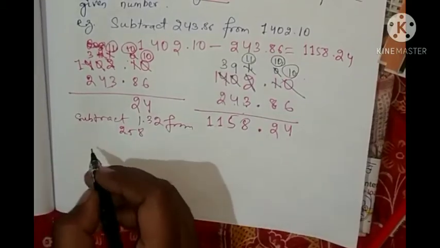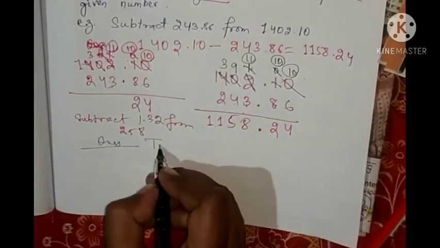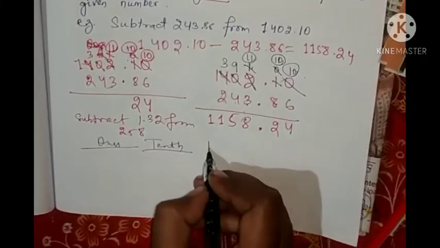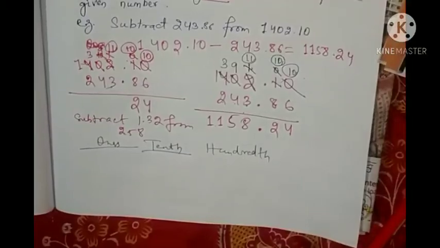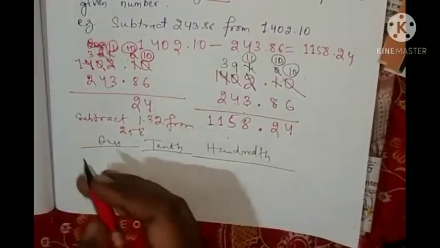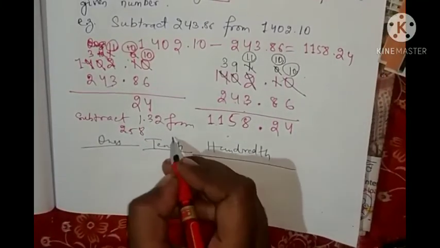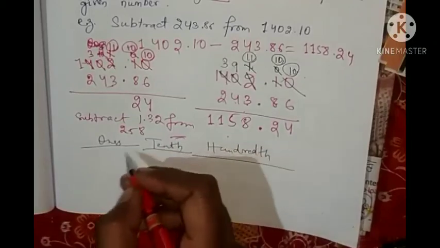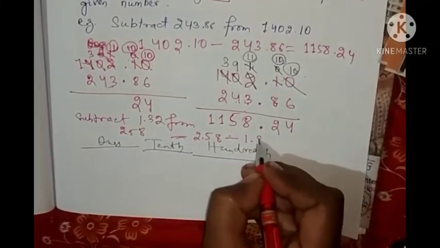So what we'll do? We'll write ones, tenths, hundredths place. Then we'll make the box. Subtract 1.32 from 2.58 means 2.58 minus 1.32.